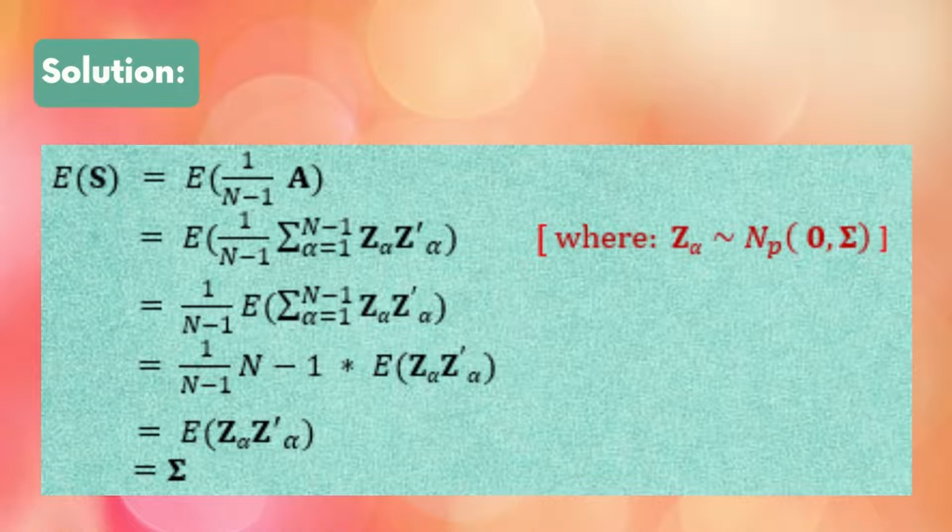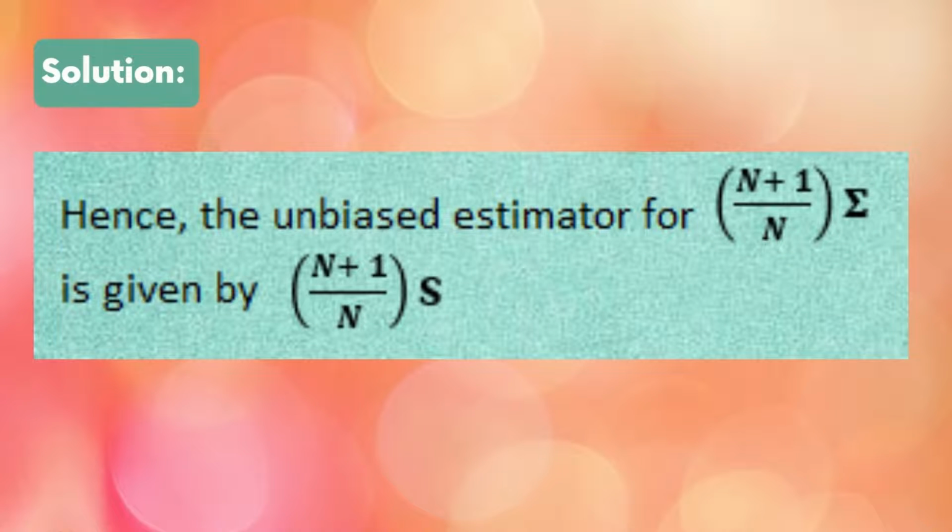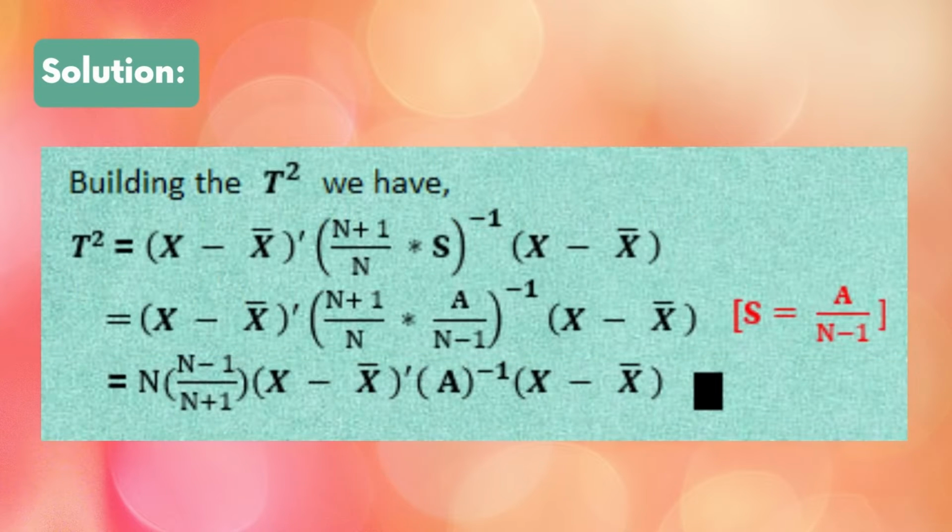Note further that z alpha is independent and identically distributed p-variate normal with mean the zero vector and covariance sigma. After doing the math operations, we get sigma. Hence, the unbiased estimator for n plus 1 over n times sigma is given by n plus 1 over n times S.